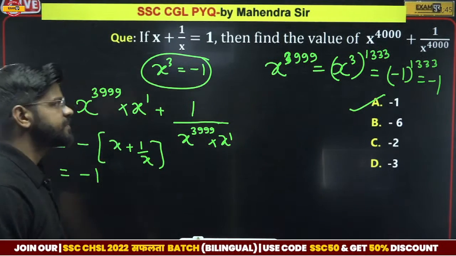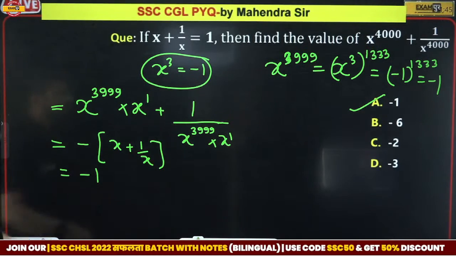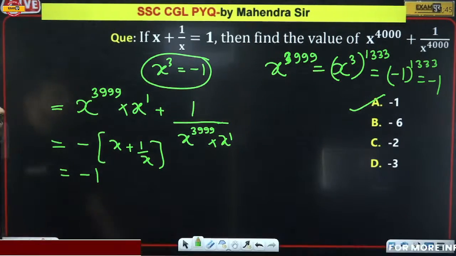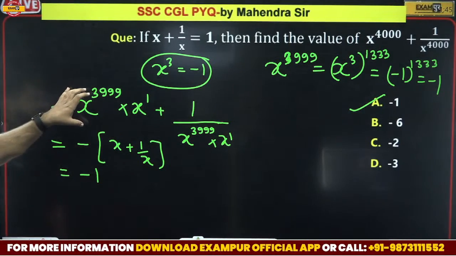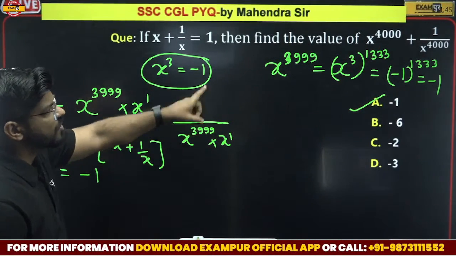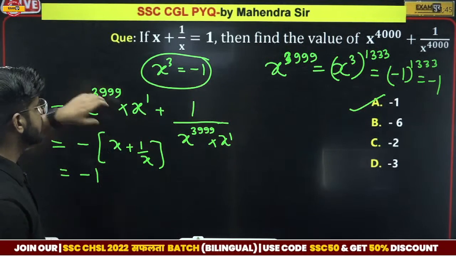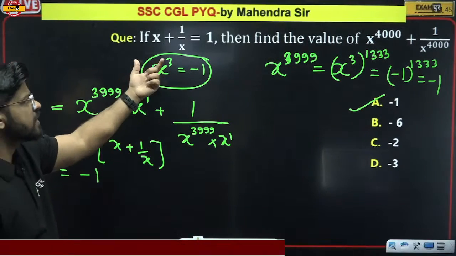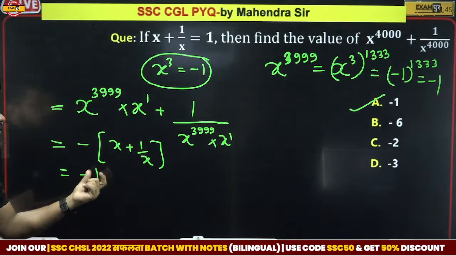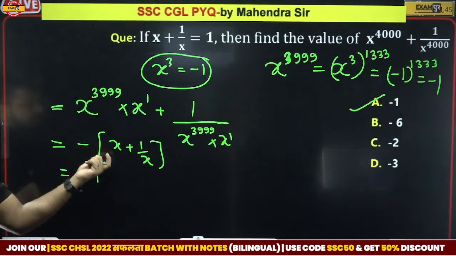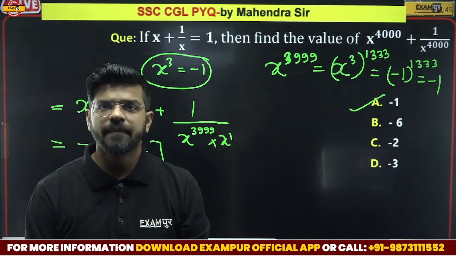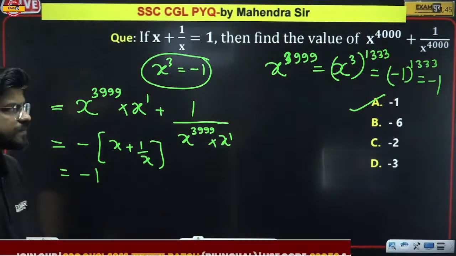This is wrong, right? So minus 1 is here, and also minus 1 will be here because we have 4000 on both sides. Minus 1 will get common, and you will get x plus 1 upon x is equal to 1. So finally we are getting minus 1 here. Okay.